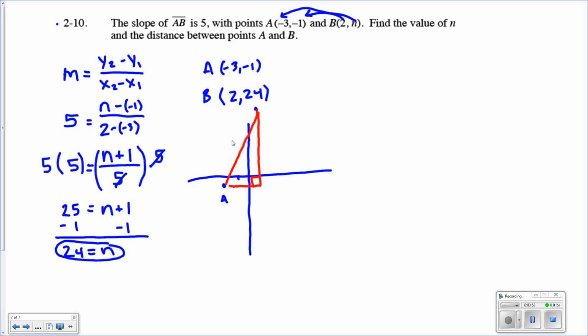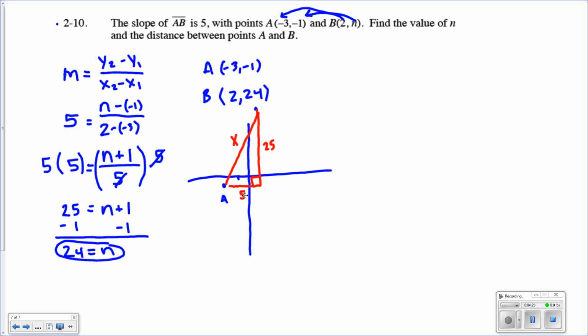We could call the unknown distance x. Looking at our coordinates, we're at -3 and going over to 2, so this distance is 5. And we're at -1 and going all the way up to 24, so this distance is 25.